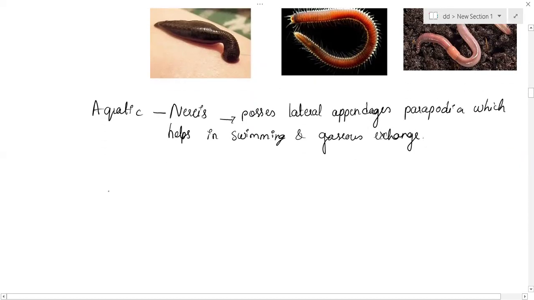Here the next point is, they have a closed circulatory system. This is very important.